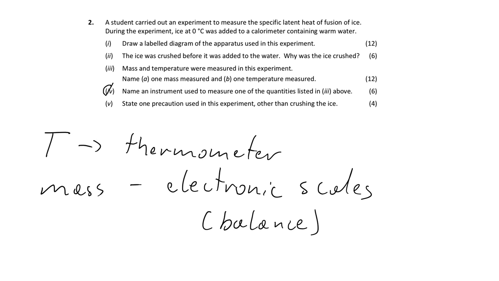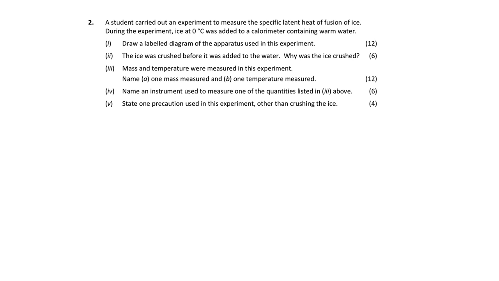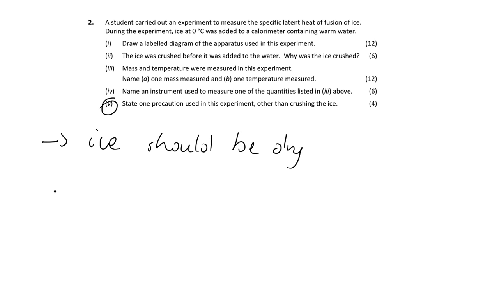And finally, we need to state one of the precautions used in this experiment, other than crushing the ice. We can say that the ice should be dry. Or we could say that we need to insulate the calorimeter.